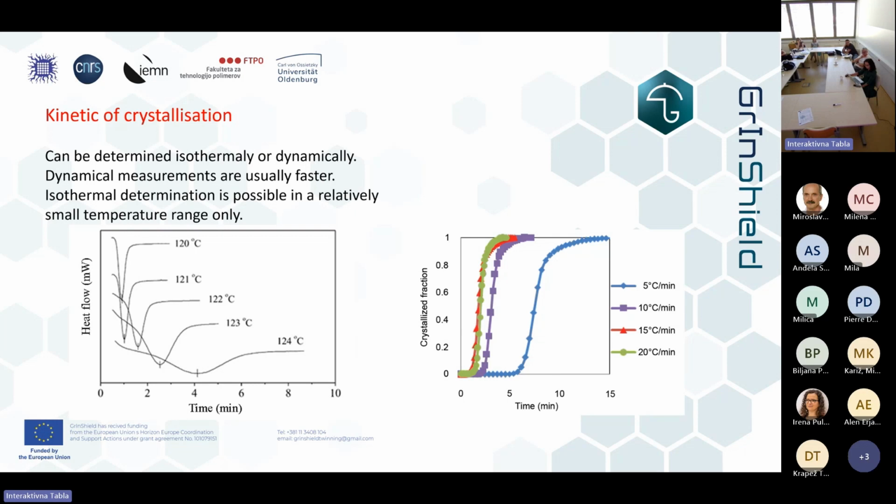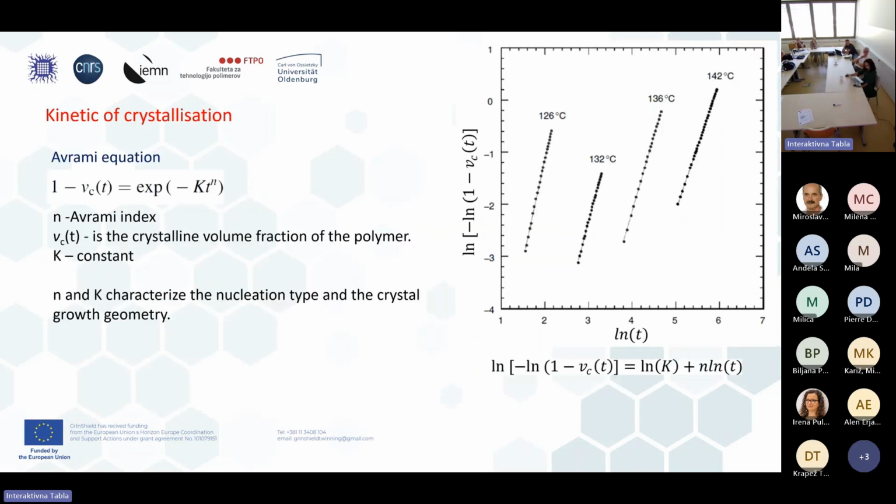And so there are mistakes sometimes, but it can be easily done. And dynamically, we cool with various cooling rates, and we observe those curves, and from these curves we calculate the kinetics.